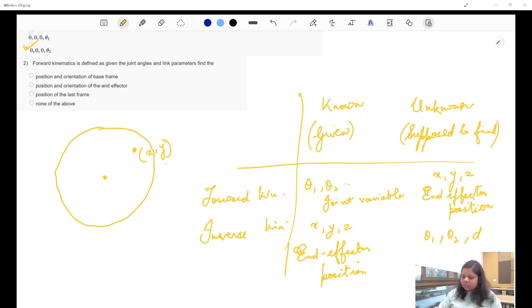Now, the solution is not unique. You can reach this point, you can have a link like this, and you can also reach in this way. So there can be multiple solutions to the same thing.